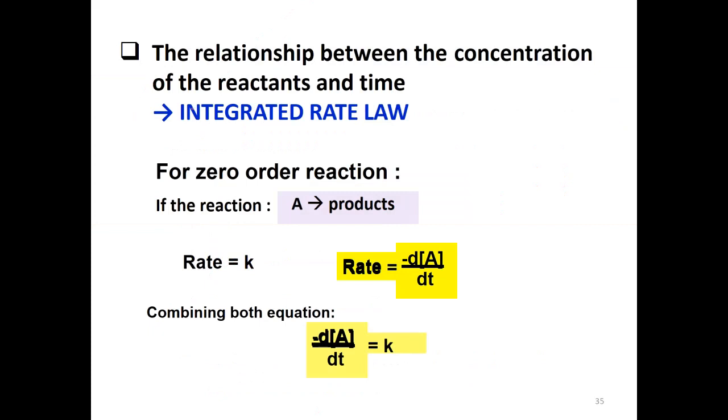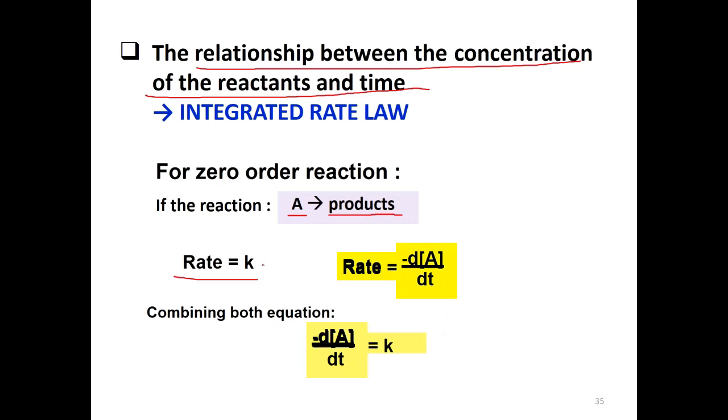Now we look at the integrated rate law, the relationship between the concentration of the reactant and time. For a zero order reaction, if the reaction is A going to a product, the rate is K, and we can also write the rate as negative d concentration A over dt, where negative is for the reactant.